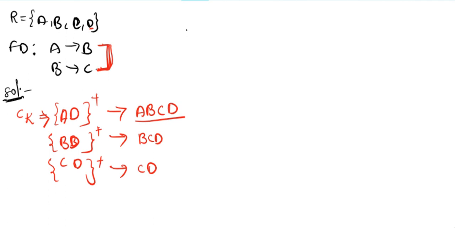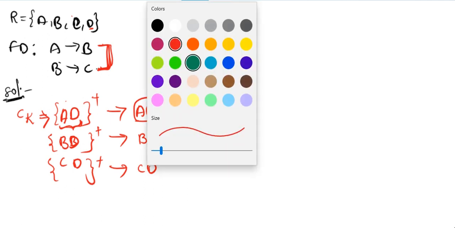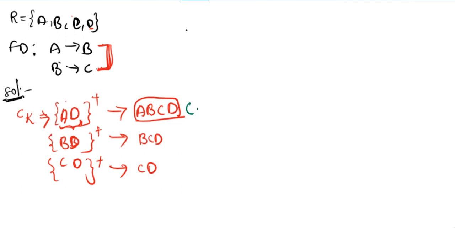So what is the candidate key here? A two-attribute combination is determining all the attributes. That's why the minimum attribute list. What is the candidate key definition? The minimum number of attributes considered as a key is called a candidate key. That's why AD is a candidate key.